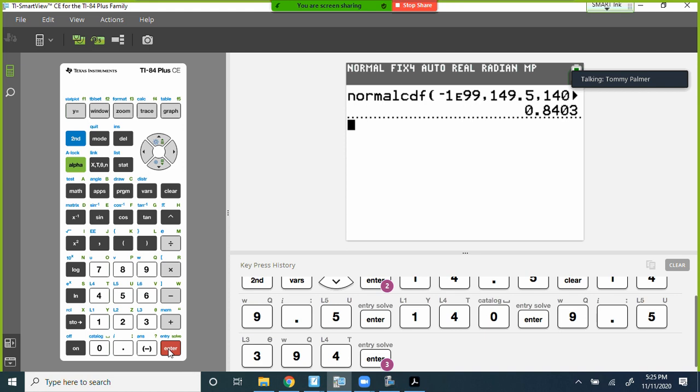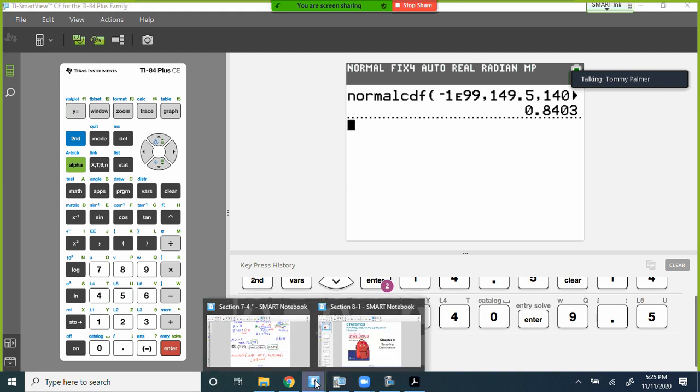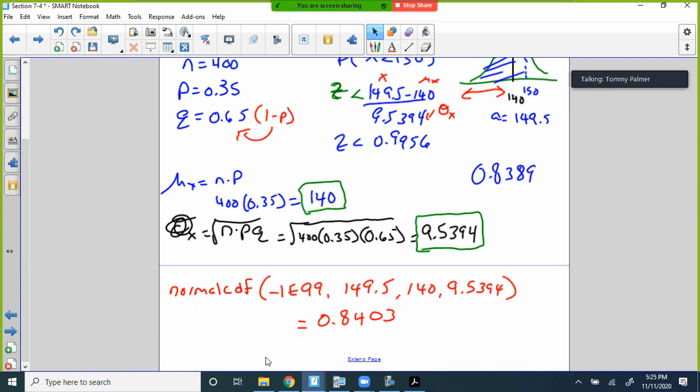All right. So that's how you type it in. Okay. So that's there, and that's how you do it by hand, so you could actually see it. Does the 0.5 below it make sense, while we're at 149.5 and not at 150? Are y'all good with that? Do you understand why it has to be below it by half?